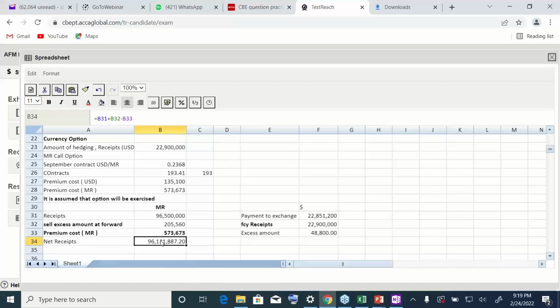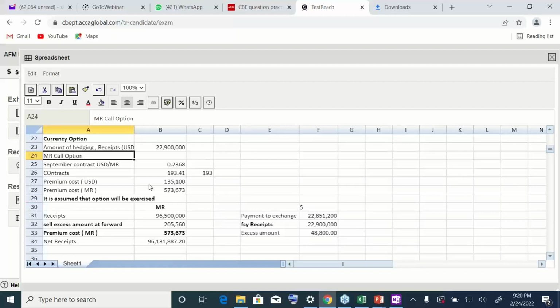It's a case of receipt, so why are we doing it this way in both payment and receipt in currency options? Option will be solved in this way. Whenever you write the statement that the option will be exercised, it's a matter of just 1 minute to think about which currency you will receive.